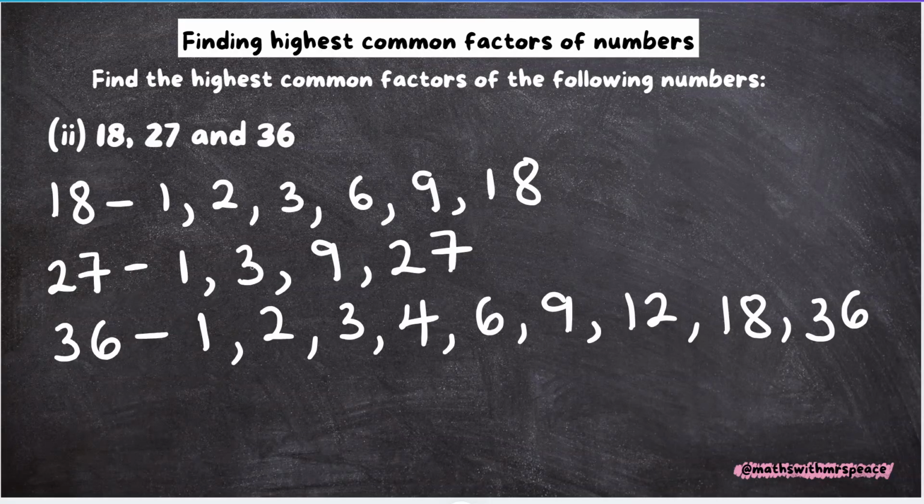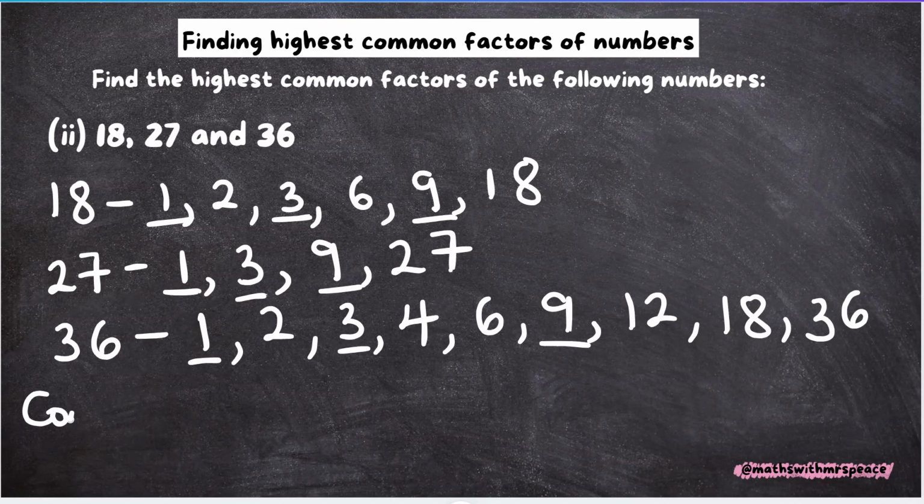But 2 is not a factor of 27, so we're not going to be picking that as a common factor. So let's go ahead. We have 1, 1, 1. We have 3, 3, and 3 again. And then we'll have 9, 9, and 9.